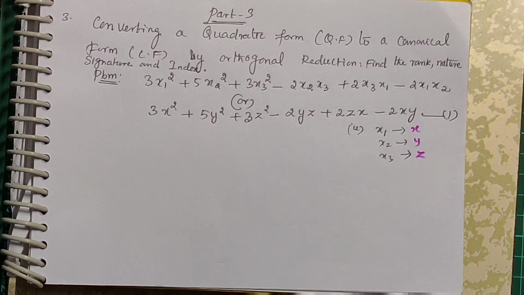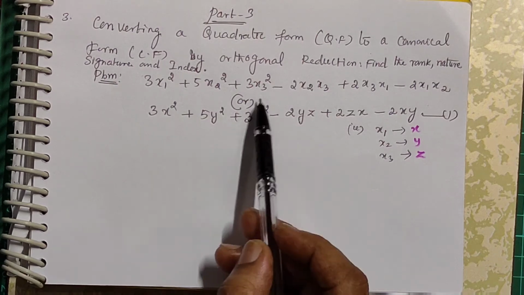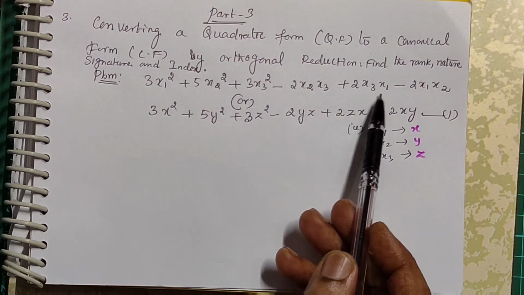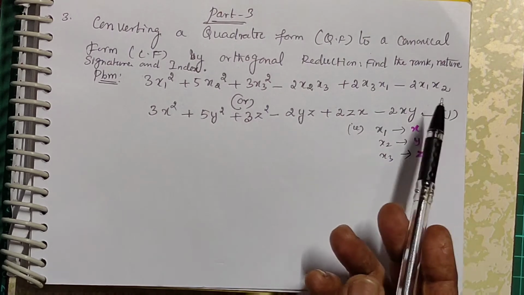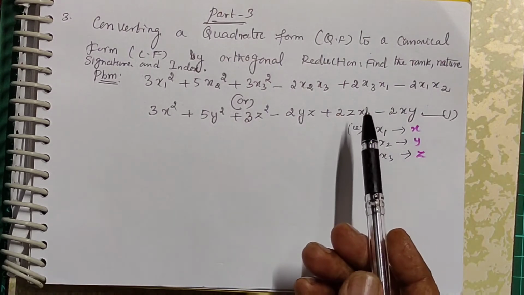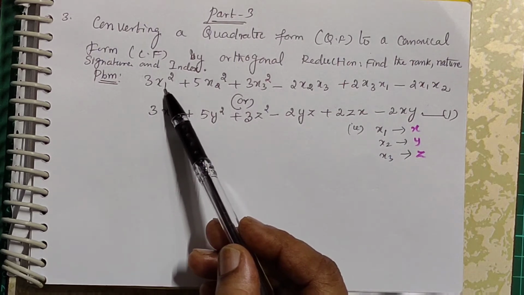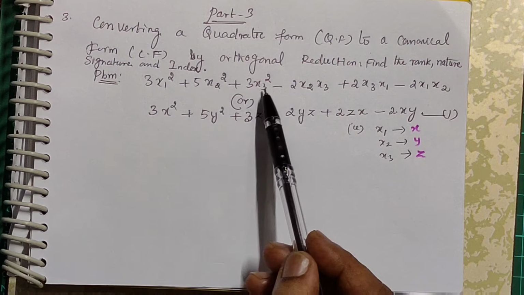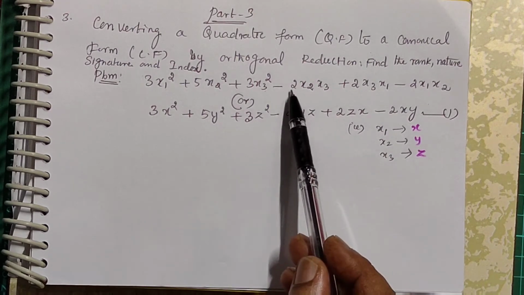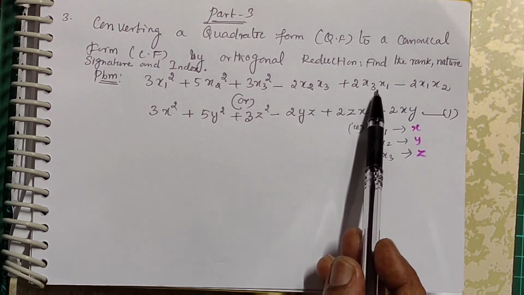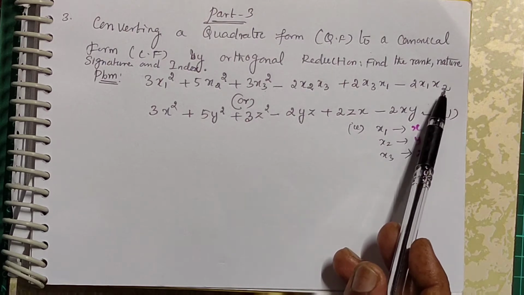Any homogeneous equation of degree 2 in terms of 2 or more variables, or any number of variables, is called a quadratic form. Here I have taken one example, that is 3x1 squared plus 5x2 squared plus 3x3 squared minus 2x2x3 plus 2x3x1 minus 2x1x2.